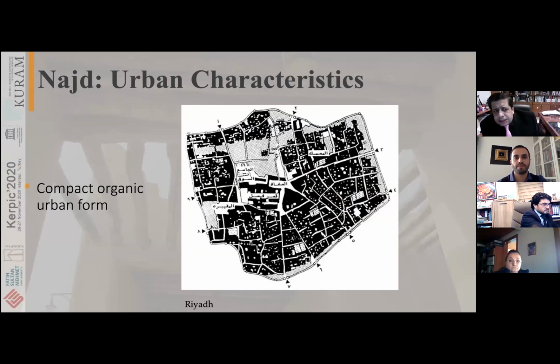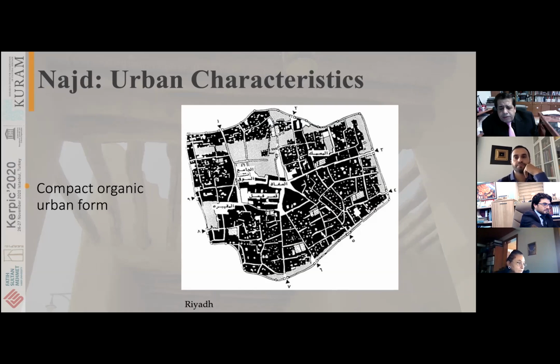The urban characteristics of the Najd built environment, where mud is used, feature a compact organic urban form. Buildings are attached to each other. And that's obvious, because there is a need to provide coolness, shaded spaces, and also to bring people together.